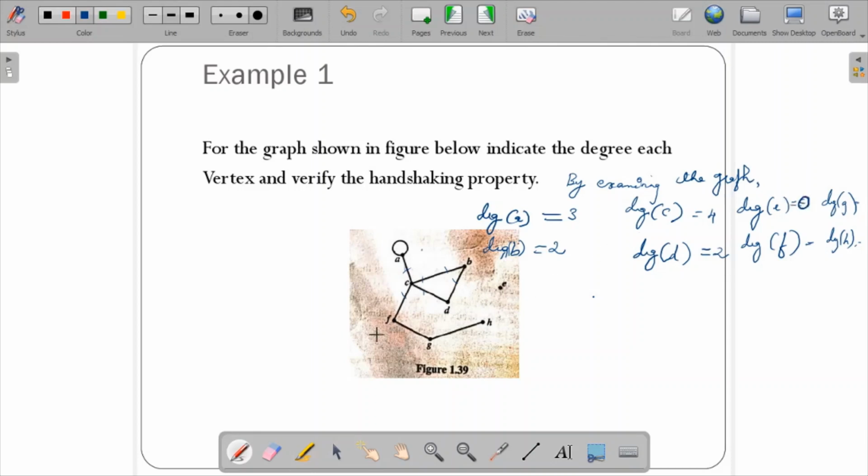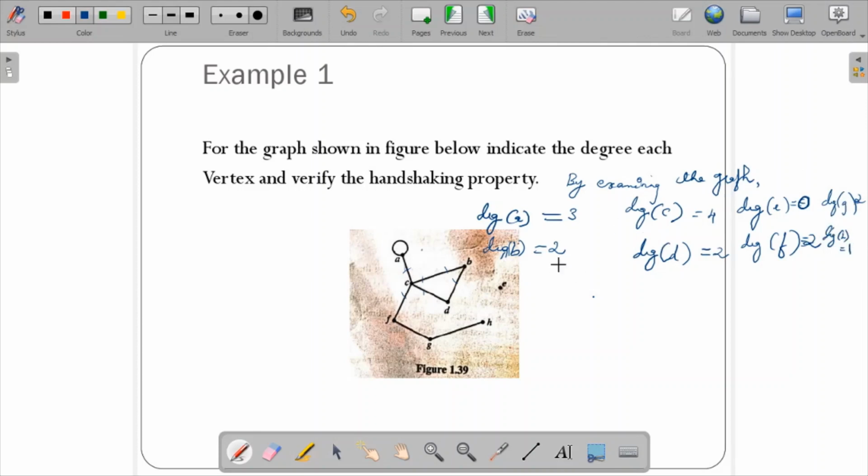For F it is 2, and for G also it is 2, and degree of H is 1.